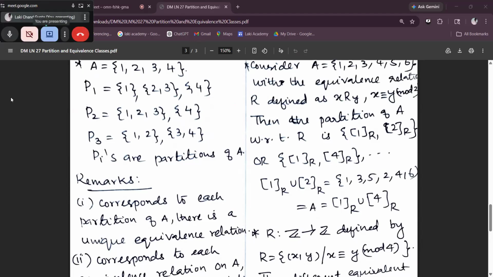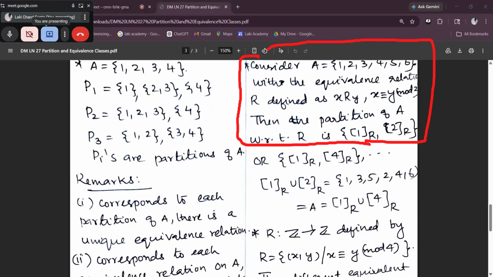Now see this question. The equivalence relation is x congruent to y mod 2. So what do you have to find? The class of 1 and 2. You know, what is class 1 when divided by 2?